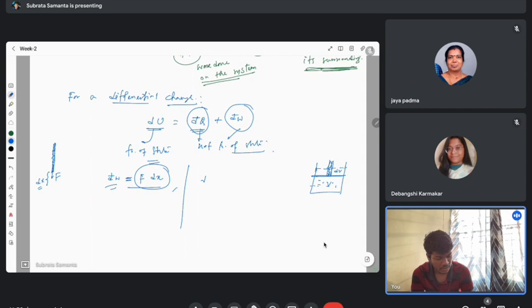So the work done dw at constant pressure is minus P dV. Why is there a minus sign? I'm coming to this point.